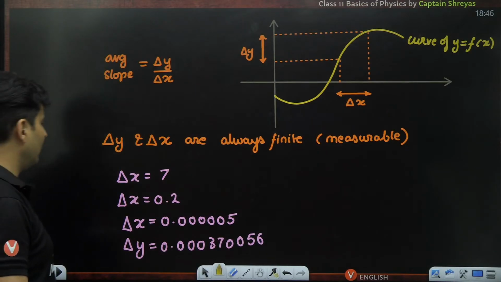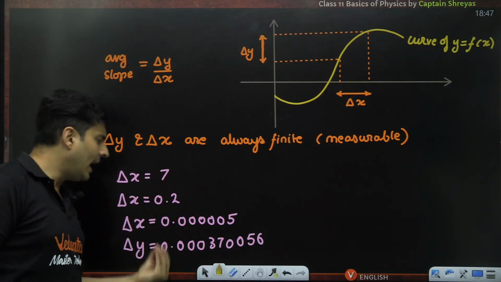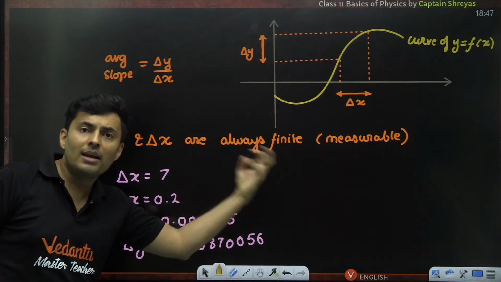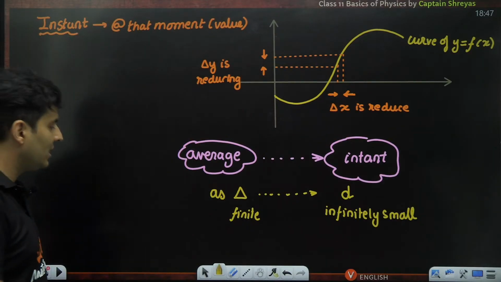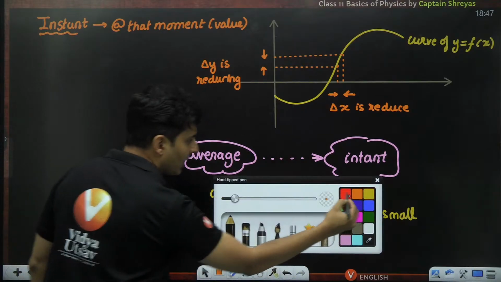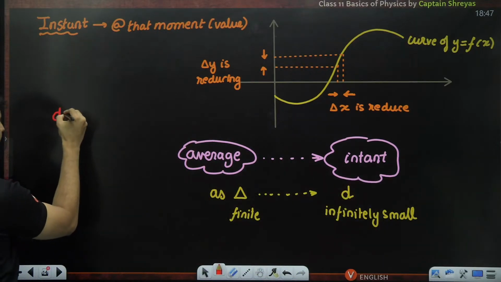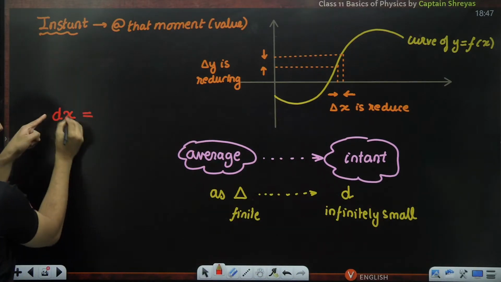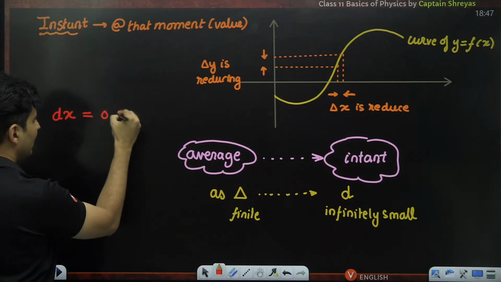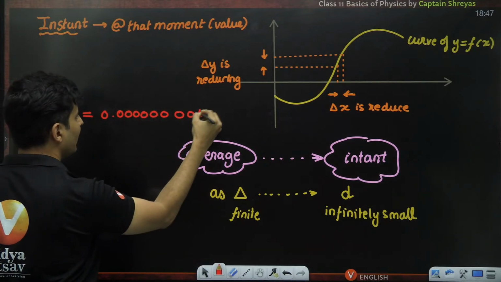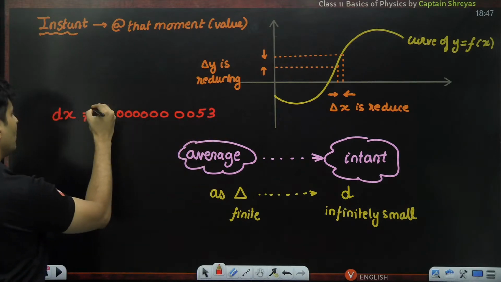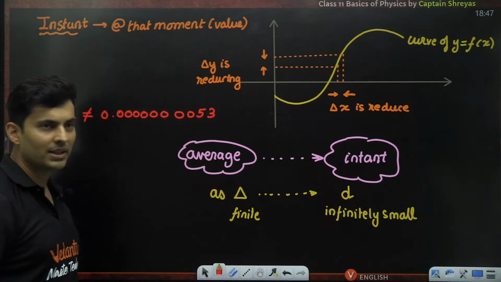Now understand the difference. Delta has a number, has a value, can be measured, but d can't be measured. For example, I can never ever say dx, small change in x, is 0.00000053. No, this is not valid. You cannot put a number with it.